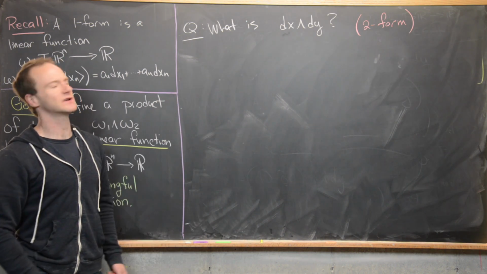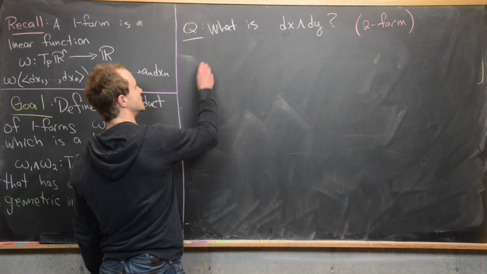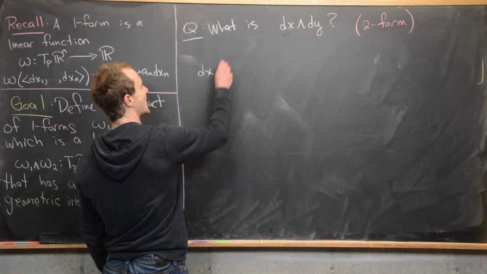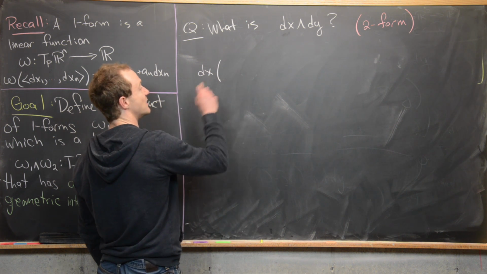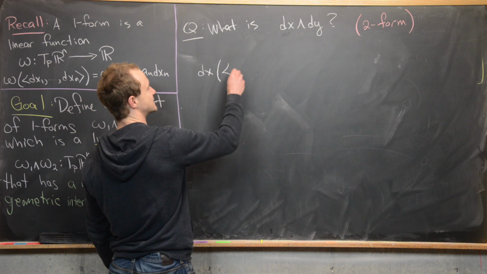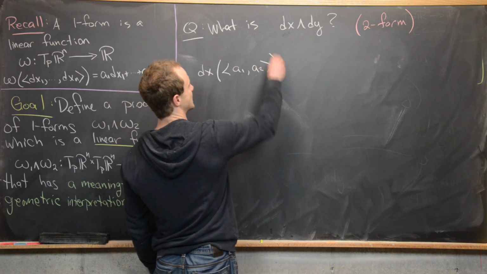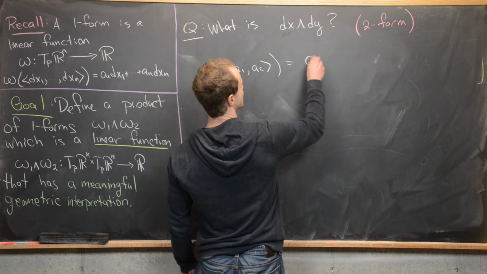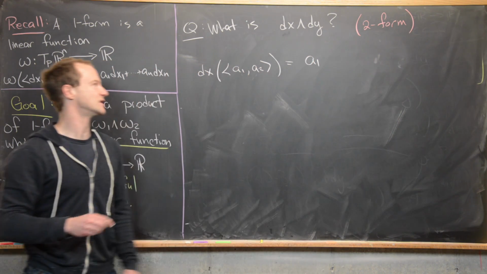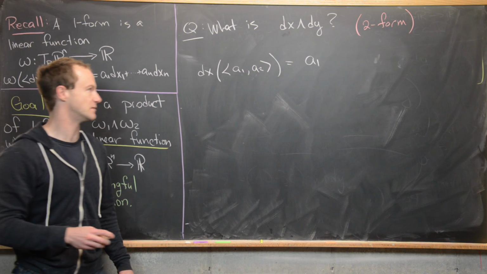Well, before we get to it, let's just recall what these things do. So notice if we take dx and we attack some vector, and so let's say we're inserting the vector (a1, a2) in here, well, that's just going to give us a1. So in other words, it just pulls out the first component.